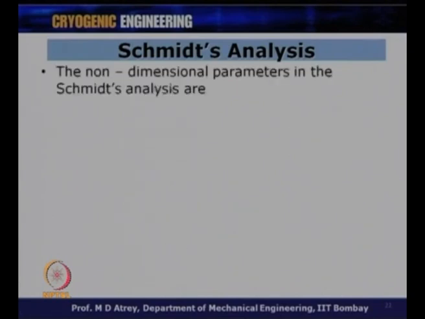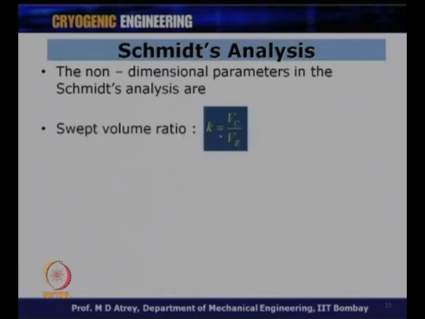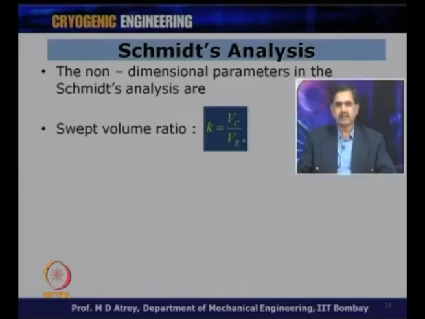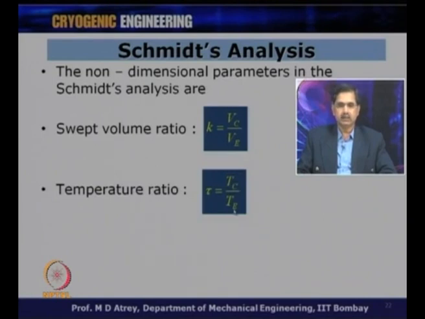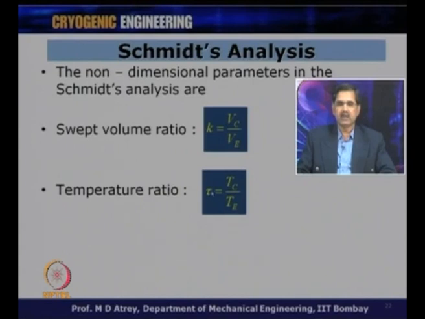The non-dimensional parameters in Schmidt's analysis are, first, the swept volume ratio, K equals Vc upon Ve. Vc is the swept volume in the compression space by the compression piston, and Ve is the swept volume in the expansion space by the expander displacer. This ratio Vc by Ve is called K. Then we have the temperature ratio, Tc upon Te, compression temperature divided by expansion temperature, called tau.